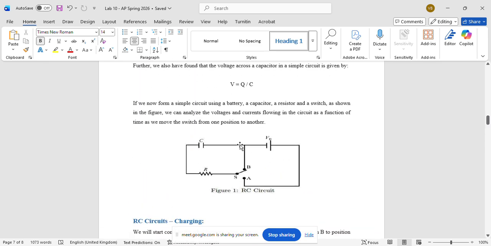So we need a resistor, a capacitor, a battery, and a switch. This switch is called single pole double throw. That means there is one common terminal and another terminal can switch between two positions.